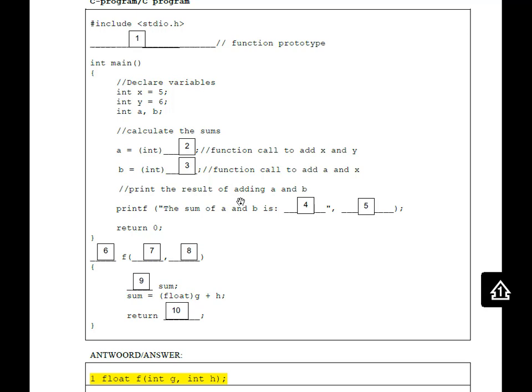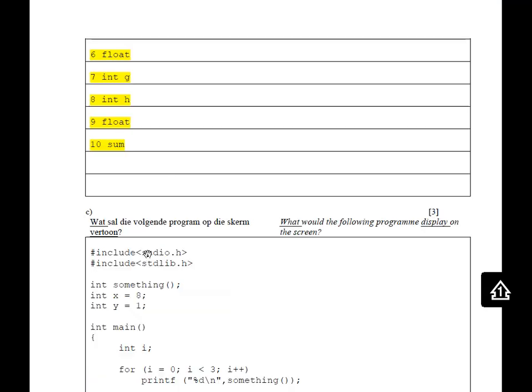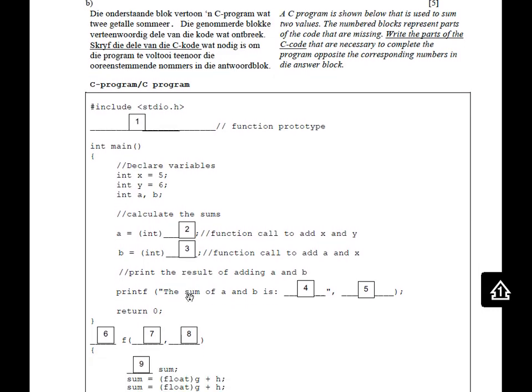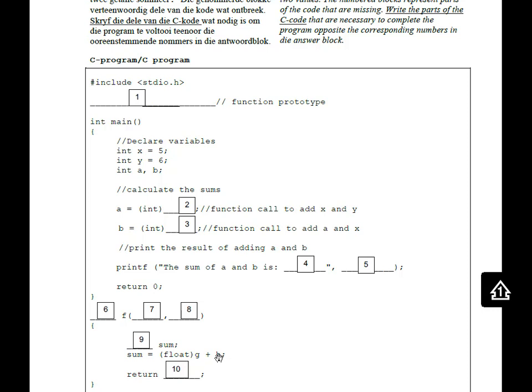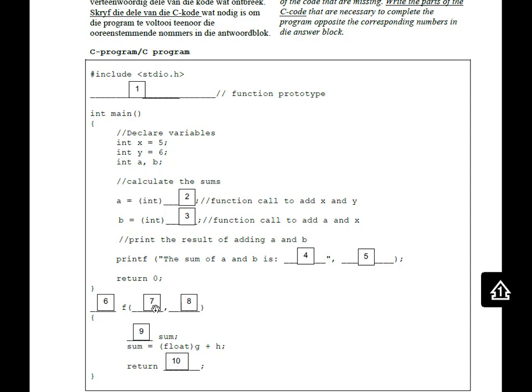They would be two integers, okay, int x and int y, for example, or int g, oh no, it will be g and h because I use g and h over here in the function, so I have to declare them over here. They will be of type integer because I want to call my function using x and y, which are integers. So I immediately know that that's int g and int h, or the other way around.